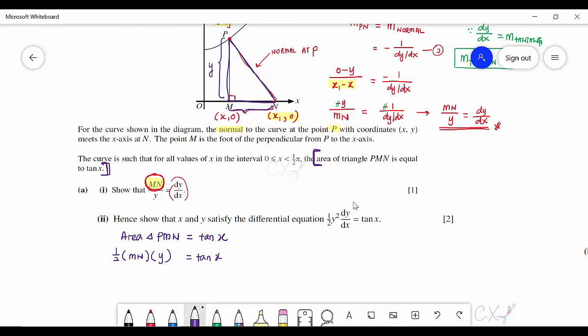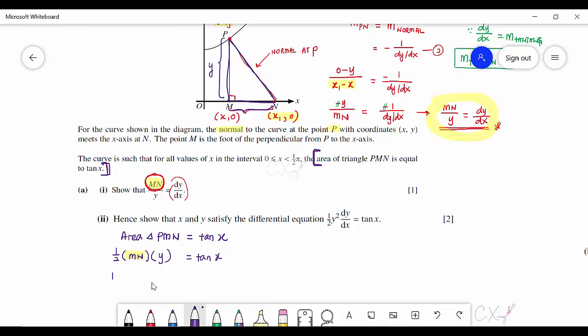Okay, refer to the answer again. The answer is everything in terms of y, dy/dx, and x, which means that I have to substitute MN with something else. From the first part just now, you already proved that MN equals to this, right? So I replace the MN here into my second part.